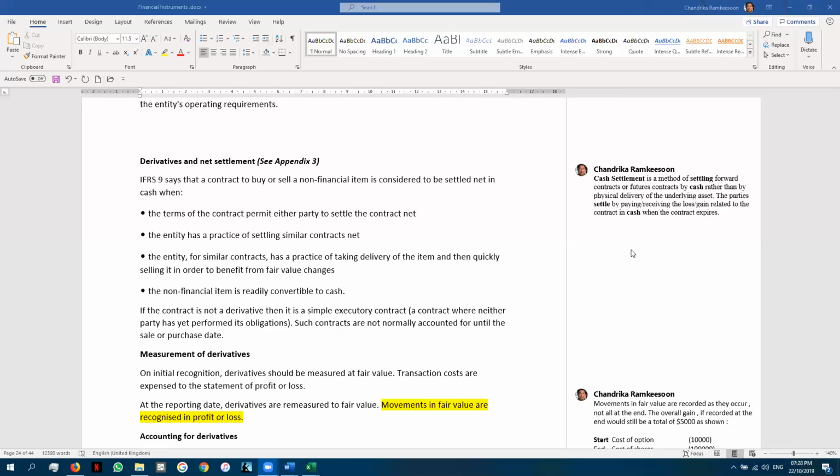The parties settle by paying or receiving the loss or gain related to the contract in cash when the contract expires. Remember, I said earlier that the entity may make a loss on the futures contract. In that case, the entity, being the company, has to pay the futures exchange, whereas the entity may make a gain on the futures contract, in which case the entity will receive from the futures exchange just the gain or loss, the cash term.